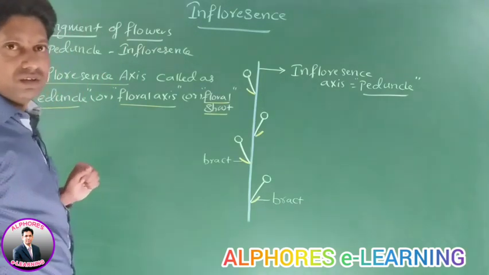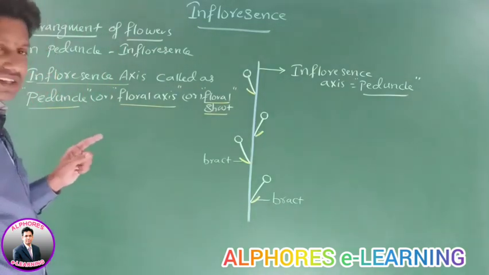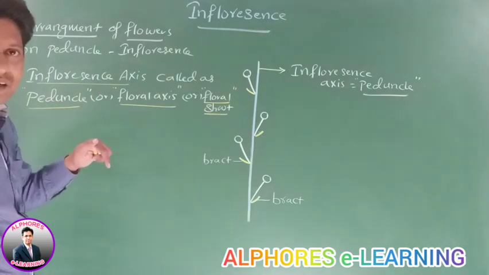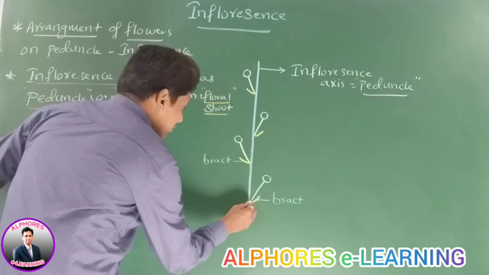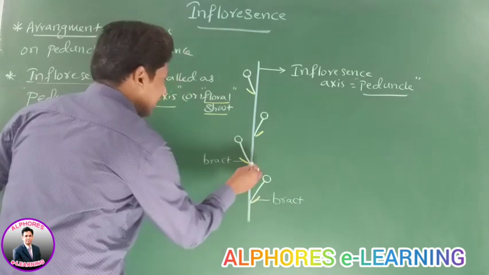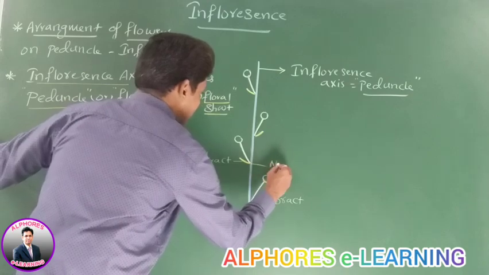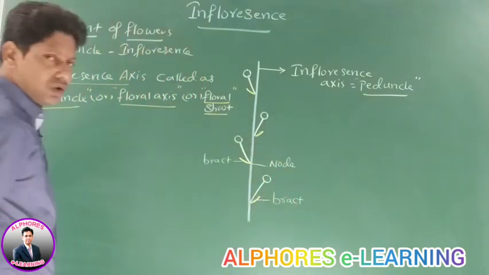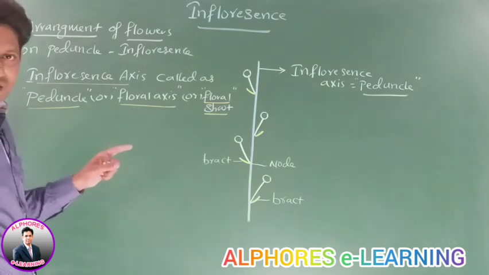Where are the bracts present on the peduncle? They are present at the node. The point on the peduncle where bracts are present is called a node.